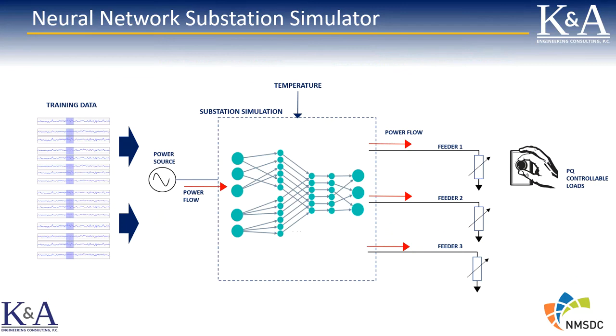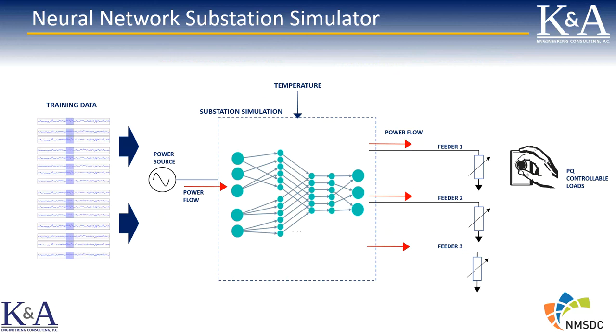We recorded all that information, then we feed it into our neural network, and once the training is complete, that neural network should simulate the power flows going through the substation. Our inputs into the neural network are controllable loads. So we'll set the loads to certain set points.